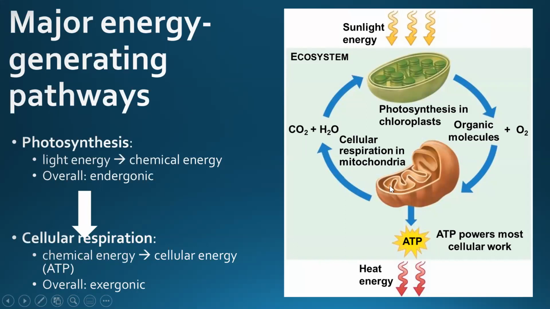With photosynthesis, you're taking the light energy, the energy from the sun, and you're producing chemical energy. The overall process is endergonic. That means energy has to be put into the reaction in order for it to occur.